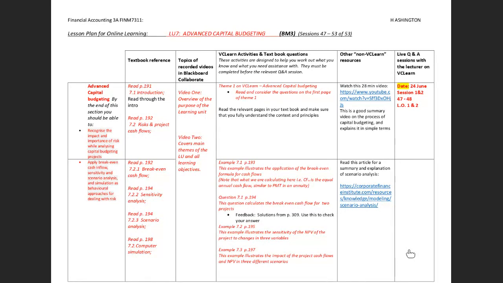So if you have a look at example 7.1, the company is considering investing in 2 projects. They appraise all their projects using a WACC of 12%. And now assuming equal annual operating cash flows and a 0 terminal value, the break-even cash flow of both projects is calculated as follows.